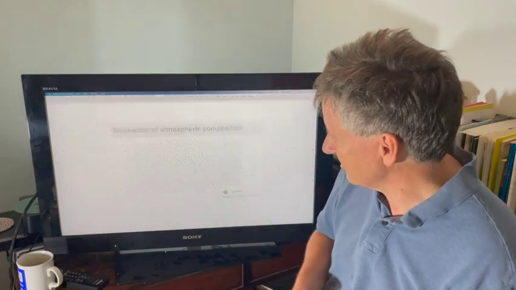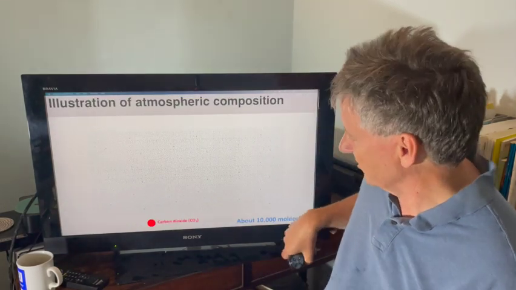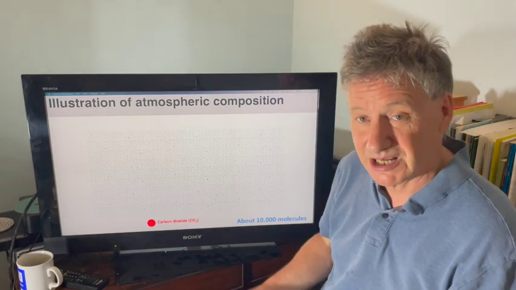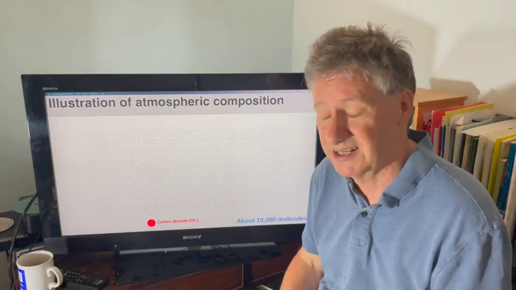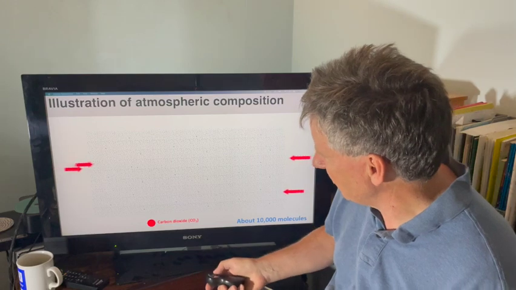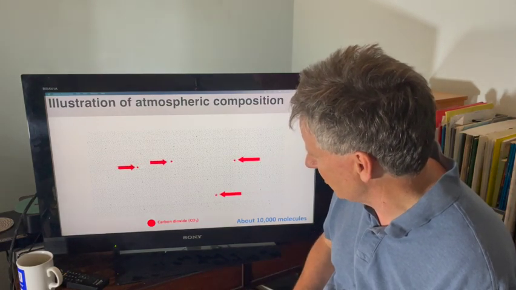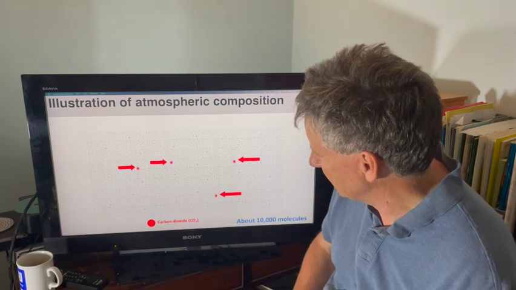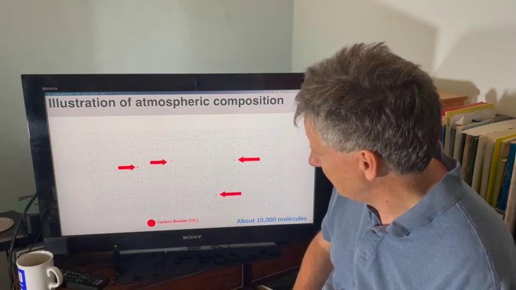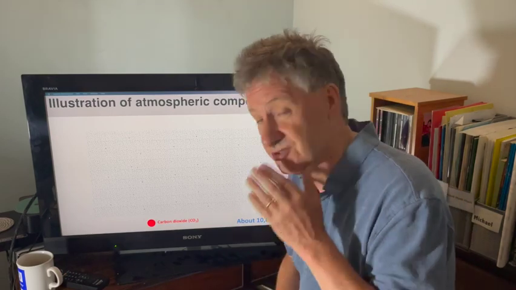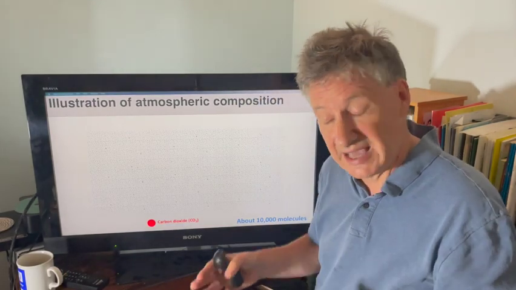It's not until you look at 10,000 molecules that you can see the carbon dioxide molecules, and here you can see them quite clearly. Now, just in case you can't see them quite clearly, here they are, and let's just make them grow and wiggle them about a bit. There we go. And that's typical of the concentration in the atmosphere currently.